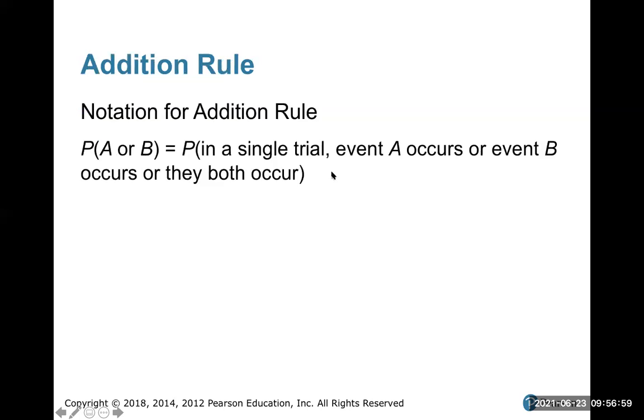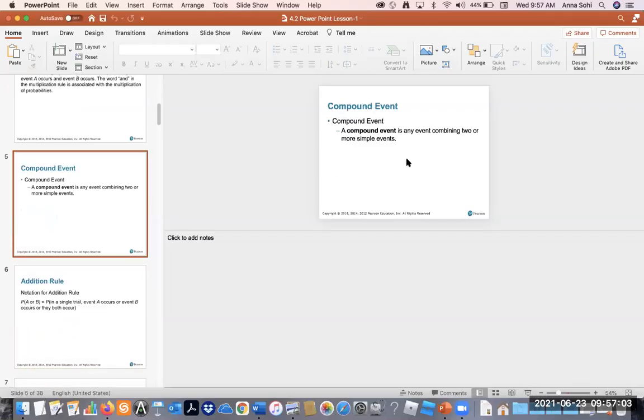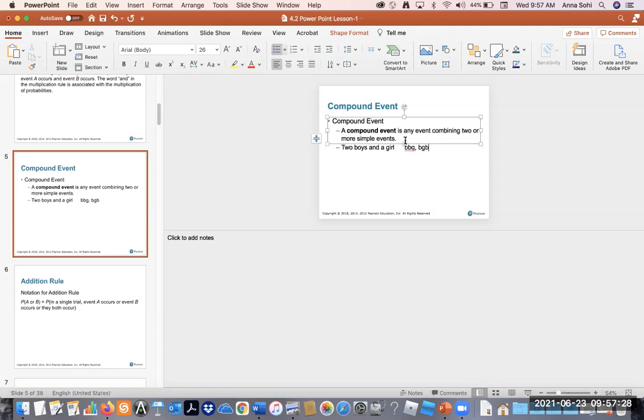So again, compound event. An example of a compound event is the event of two boys and a girl. That is boy, boy, girl; boy, girl, boy; and then girl, boy, boy.